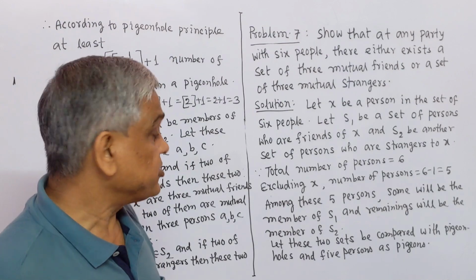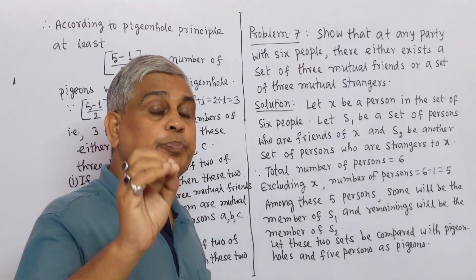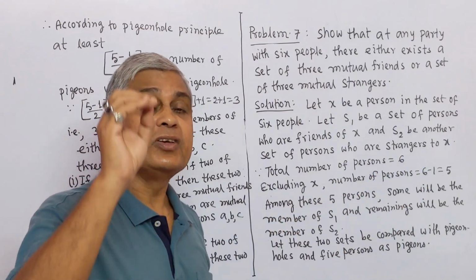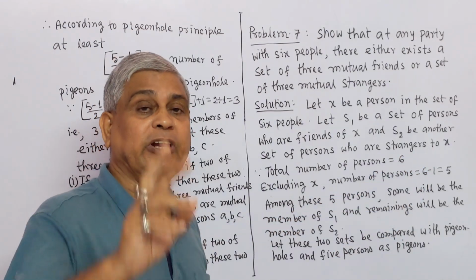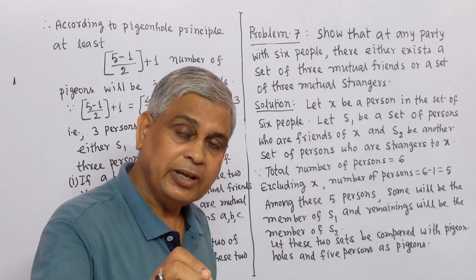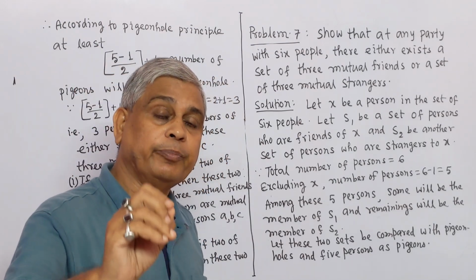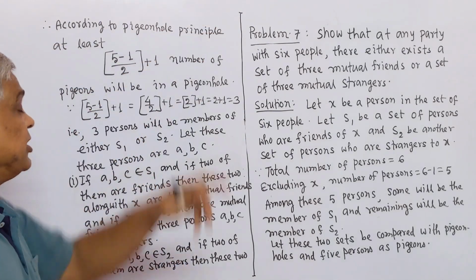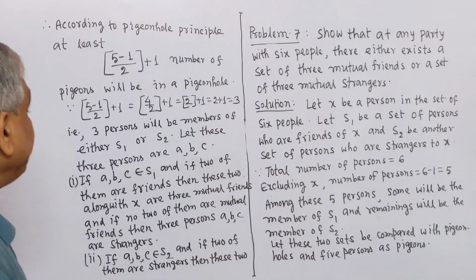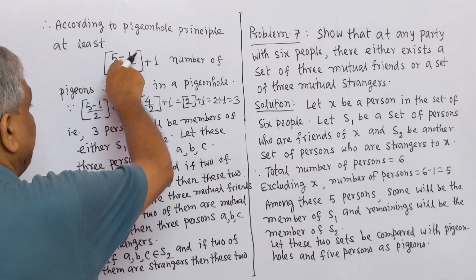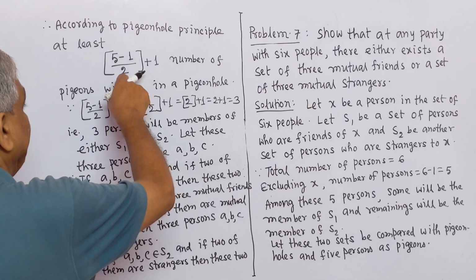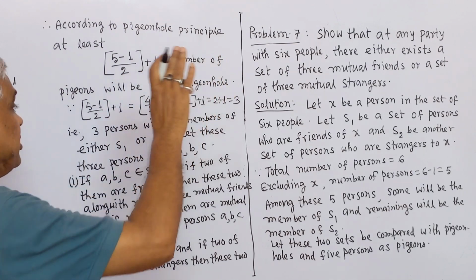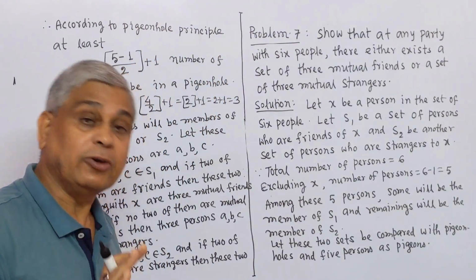Let these two sets be compared with pigeonholes and 5 persons as pigeons. Therefore, number of pigeons equal to 5. Number of pigeonholes will be 2. Therefore, according to the pigeonhole principle, we get greatest integer function of (5 minus 1) by number of pigeonholes 2 plus 1 number of pigeons will be in a pigeonhole.